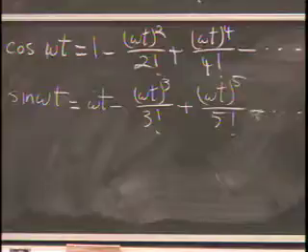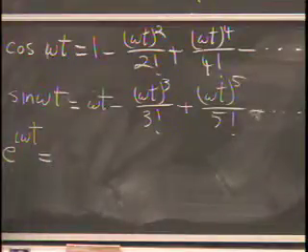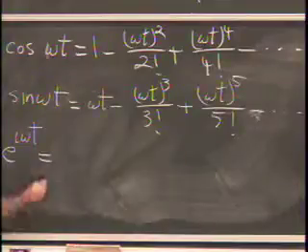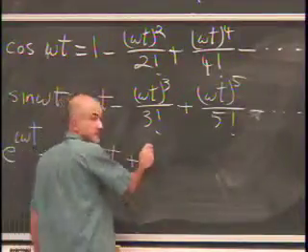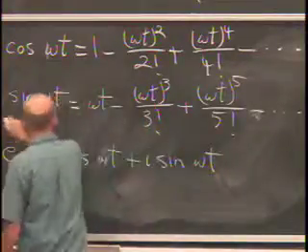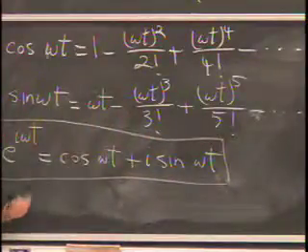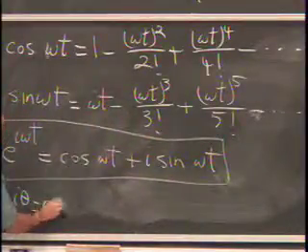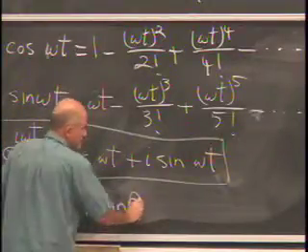Now, can you write that top one in terms of cosine and sine? How? E to the i omega t is equal to cosine omega t plus i sine omega t. This is a very important formula. In fact, you can write it more simply. E to the i theta is cosine theta plus i sine theta.